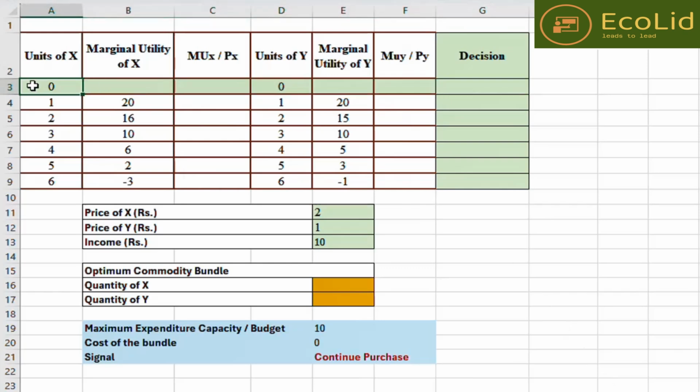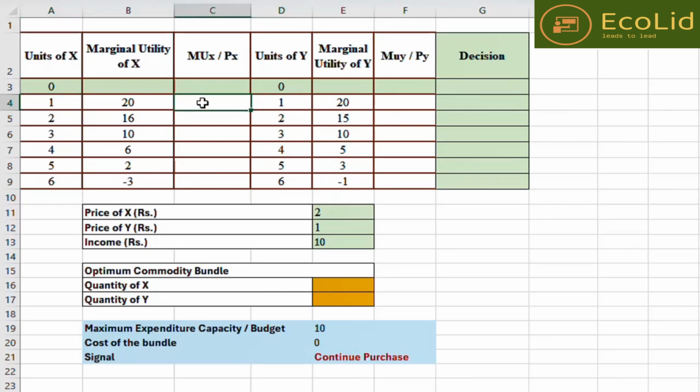Yes, we have marked these cells in green because they do not have any values of marginal utilities. So our analysis will start from the first unit of X and the first unit of Y.